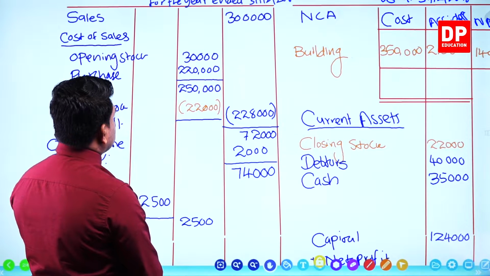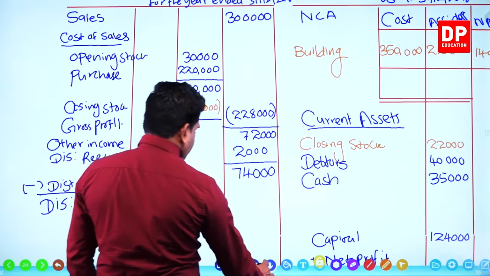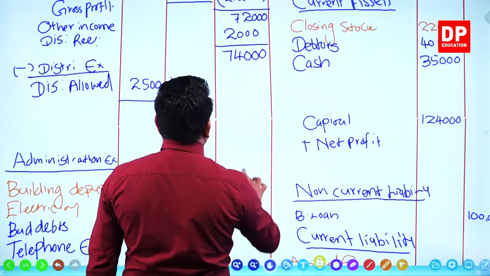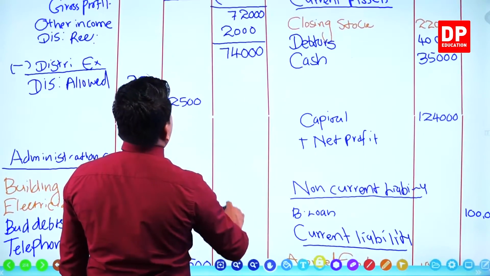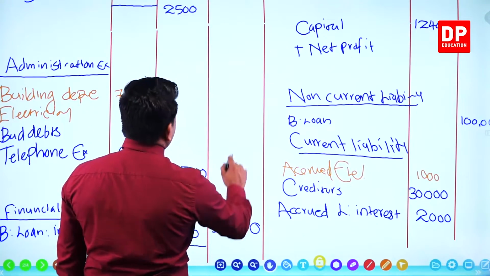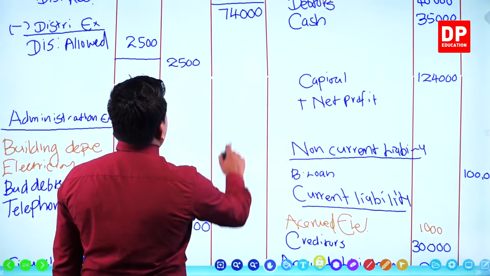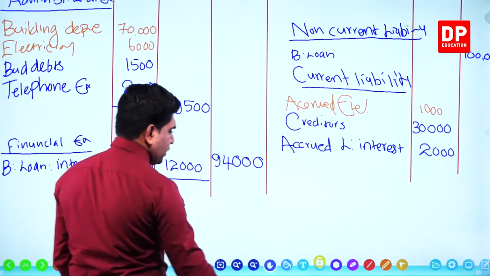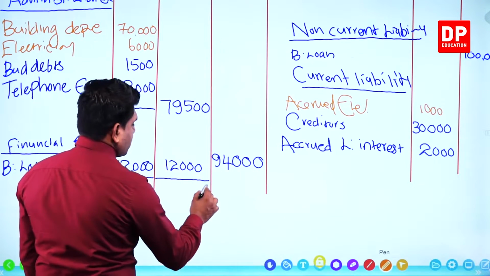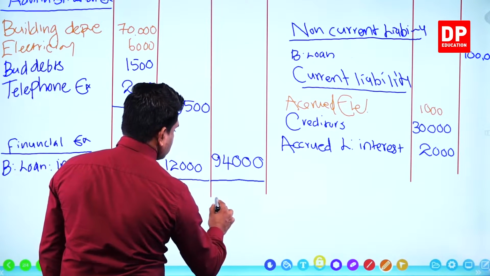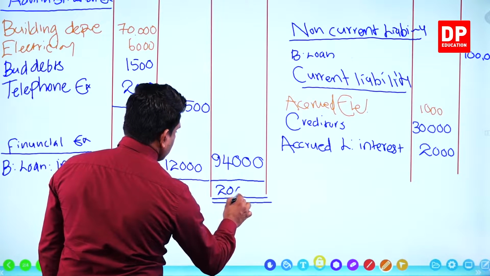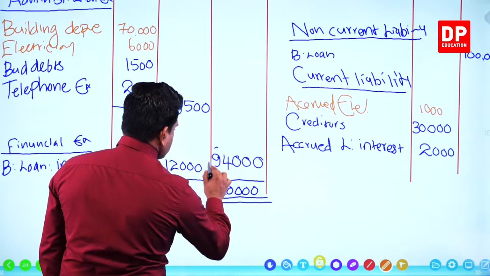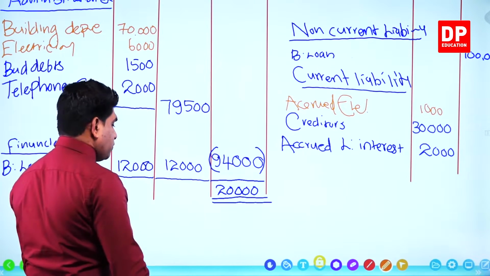Right, okay. Now, why do I recheck? Because we earn a net loss here. 74,000 here, 94,000 there. Then how much is the net loss? 20,000 net loss. Why? Because the total expense is 94,000, right?